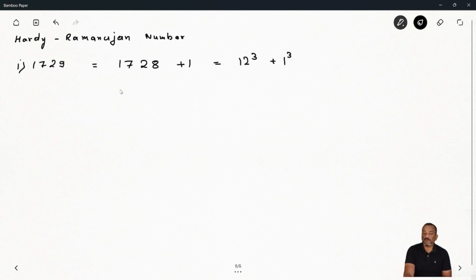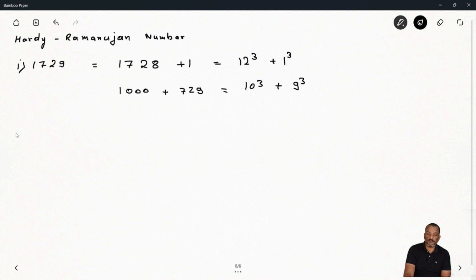Another way we can express it is 1000 plus 729. 1000 is the perfect cube of 10, and 729 is the perfect cube of 9. So 1729 is 10 cube plus 9 cube.